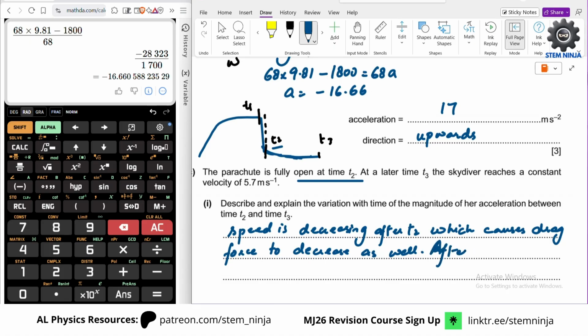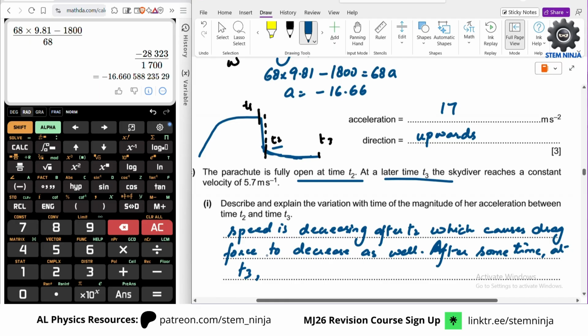After some time before T3, just before T3, actually it is at a later time, after some time at T3, drag force balances weight, reducing acceleration to 0.